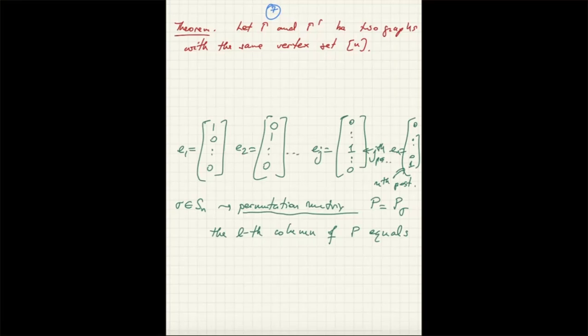So for the permutation matrix, the lth column of P equals E sigma of L.